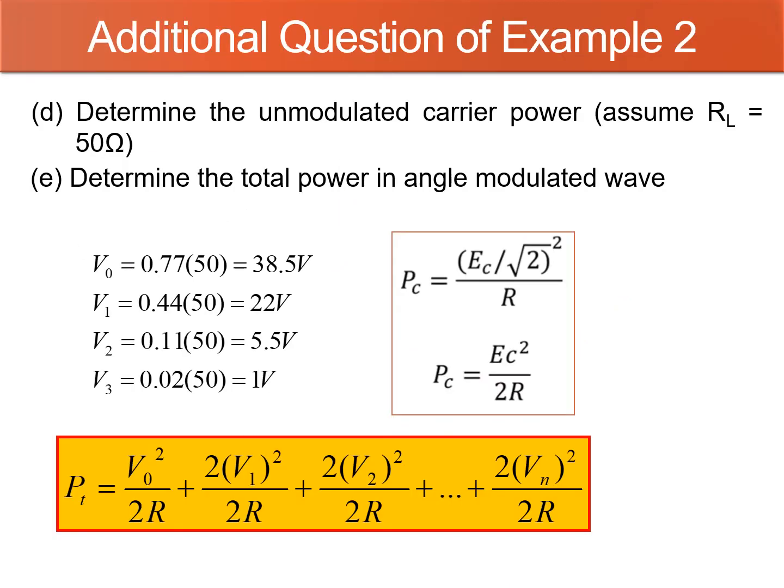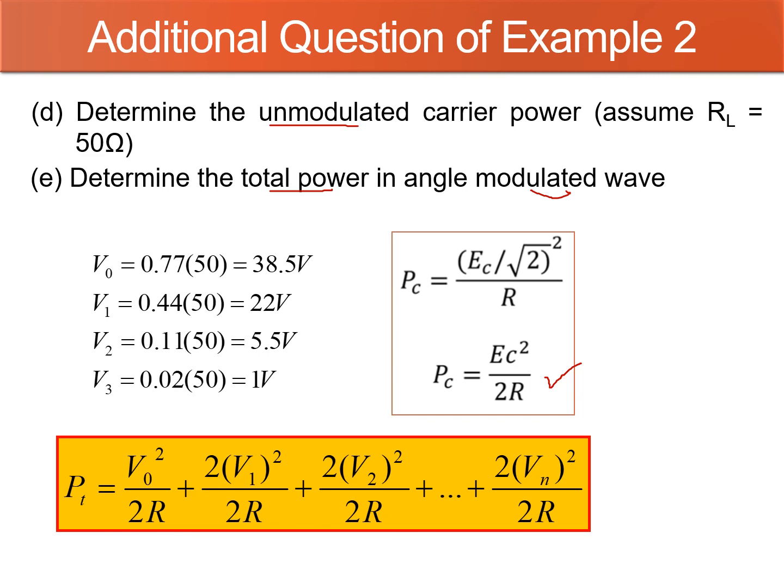So here is the additional question for example 2. Determine the unmodulated carrier power, assuming RL is equal to 50 ohms, and determine the total power in the angle modulated wave. Here is the equation to calculate the unmodulated carrier power.